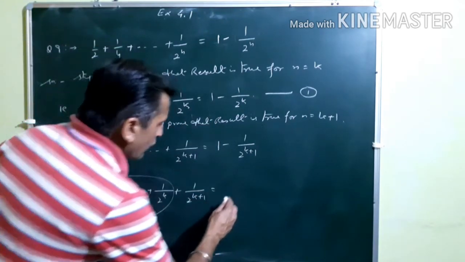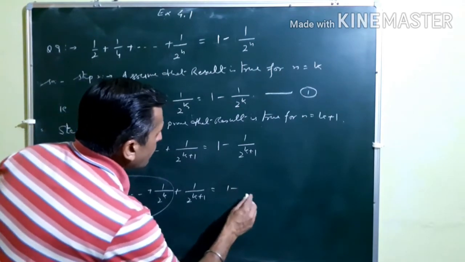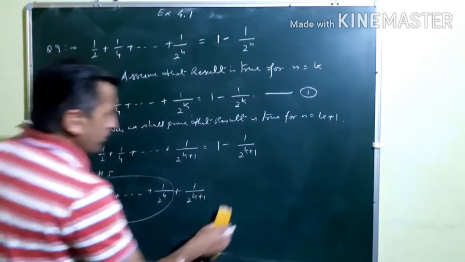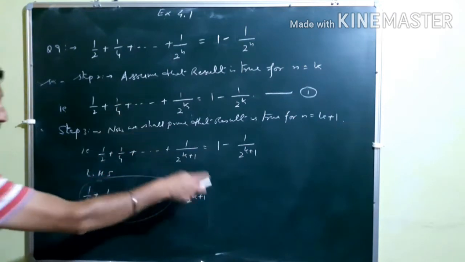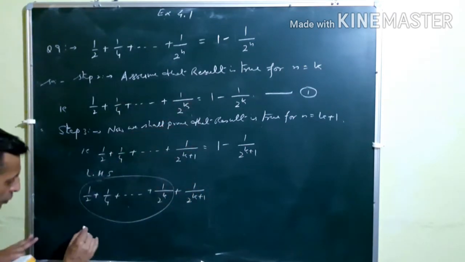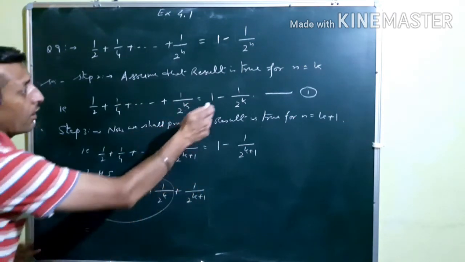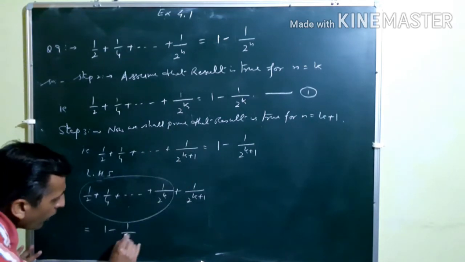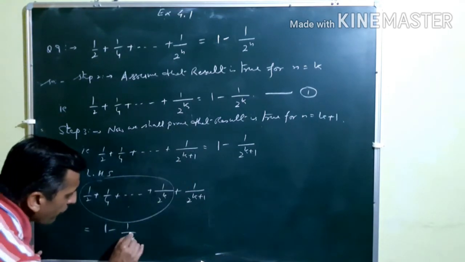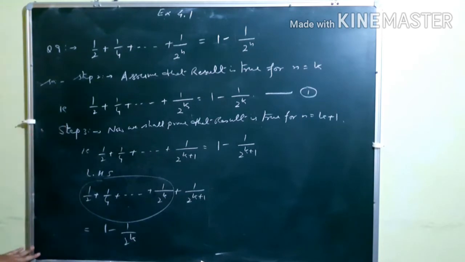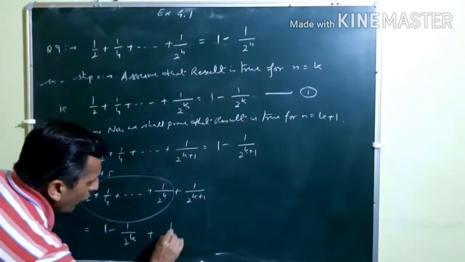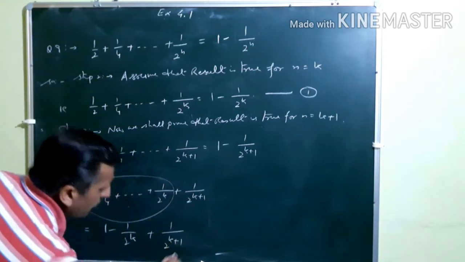That is equal to 1 minus 1 upon 2 to the power k, and plus the last term, which is 1 upon 2 to the power k plus 1.